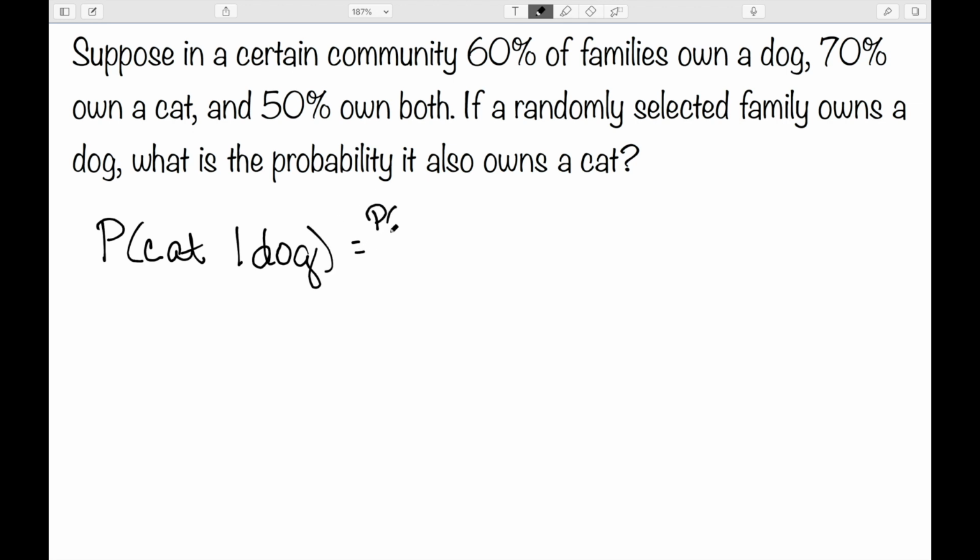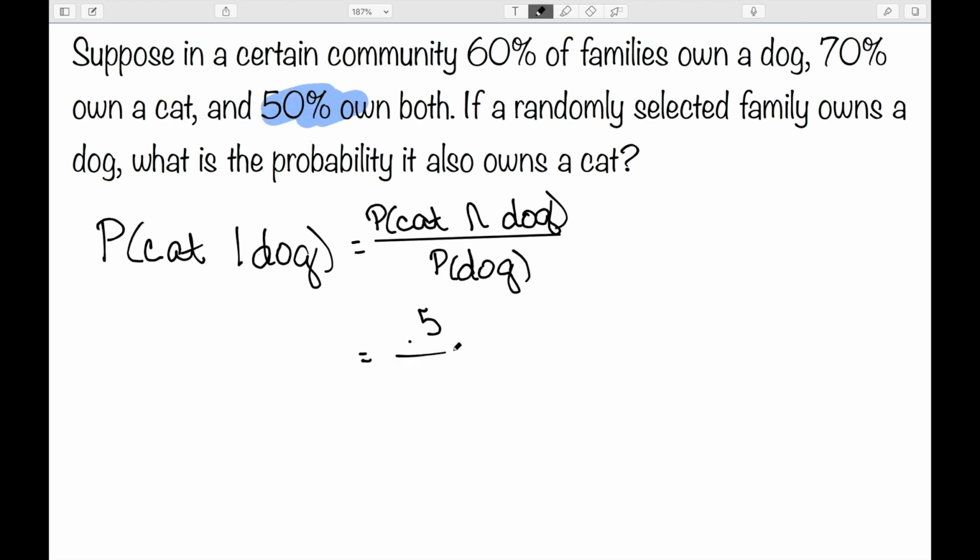This will be the probability of them owning both over the probability of the thing that we know, the fact that they own a dog. It says that 50% own both, so that gives my numerator. For a dog, we know that 60% own a dog, so 0.6 on the denominator. So my probability here would be 5/6.